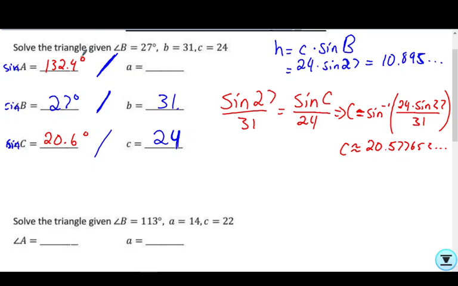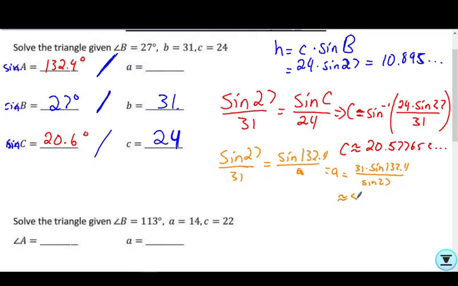Now that I have angle A, I can find side A by doing law of sines again, using the same ratio, sine 27 over 31. Using the angle A to find side A, that means A is equal to 31 times the sine of 132.4 over the sine of 27, which is approximately 50.424217, blah, blah, blah.